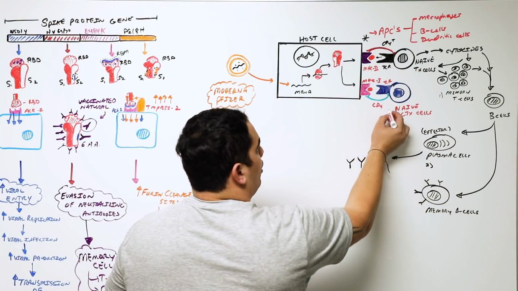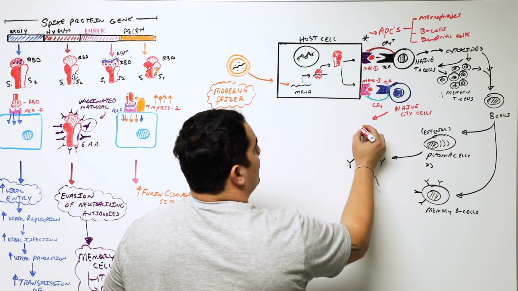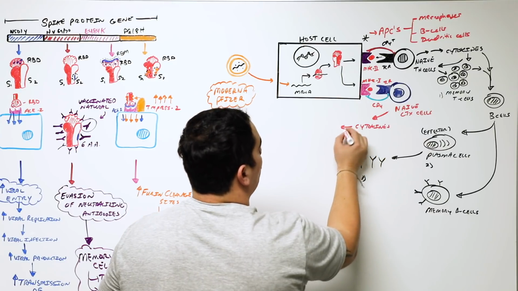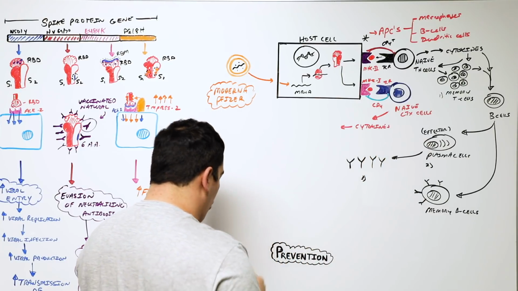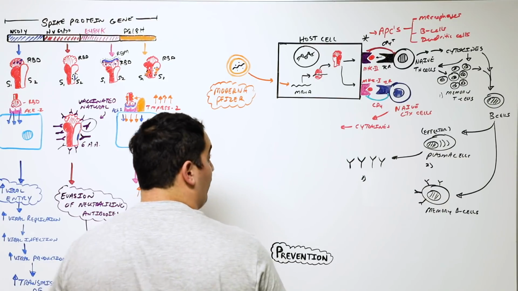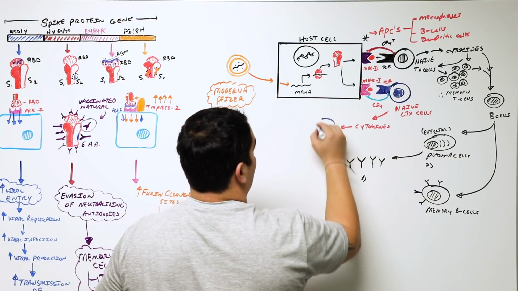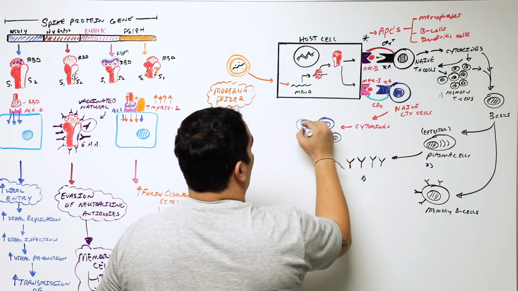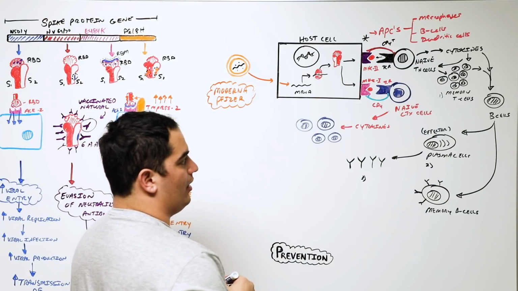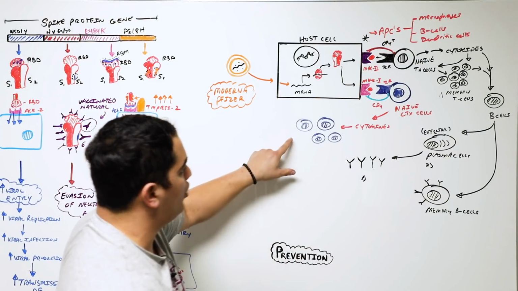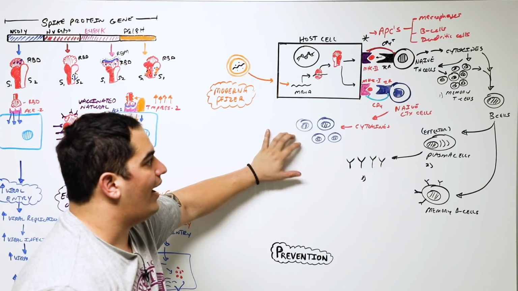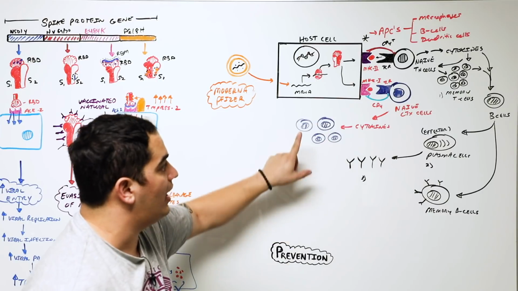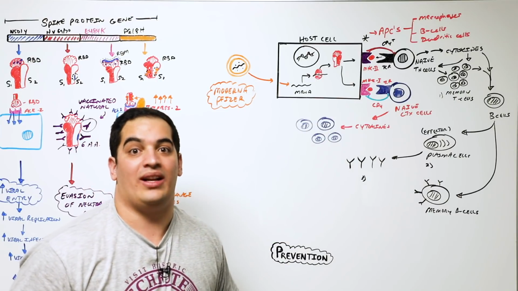When this interaction occurs, they become activated and they start releasing cytokines. And these cytokines cause an increased production, replication, or proliferation of these naive T cells into primed and ready-to-roll cytotoxic T cells. So that way, if ever in the future the SARS-CoV-2 virus infects a tissue cell and exposes a piece of that S peptide on their MHC1 complex, these cytotoxic T cells are ready to go.